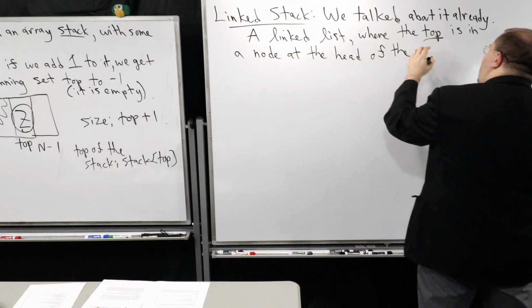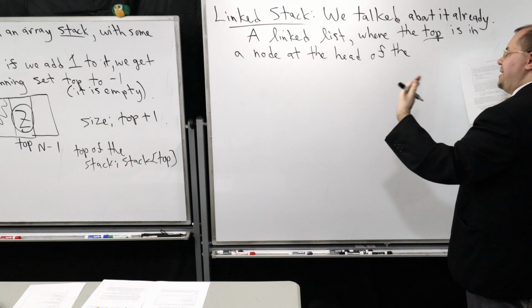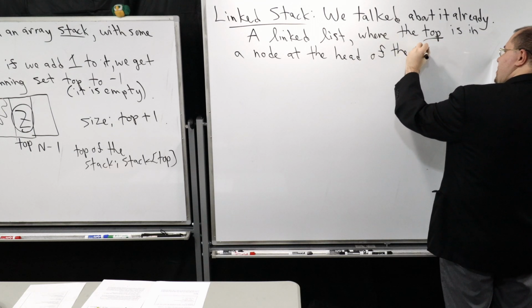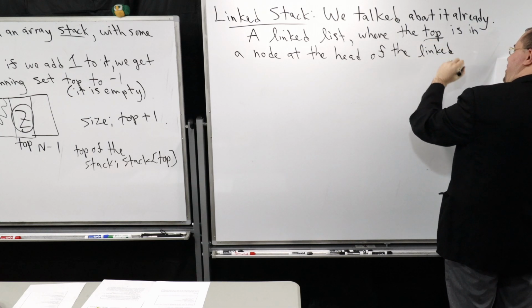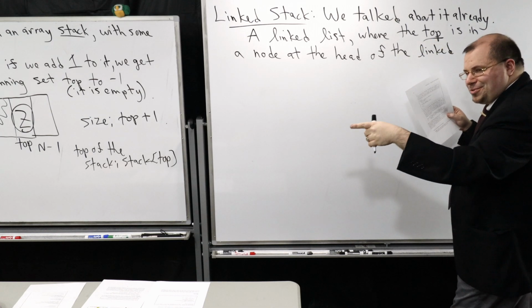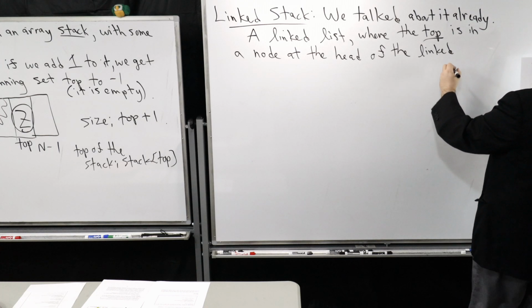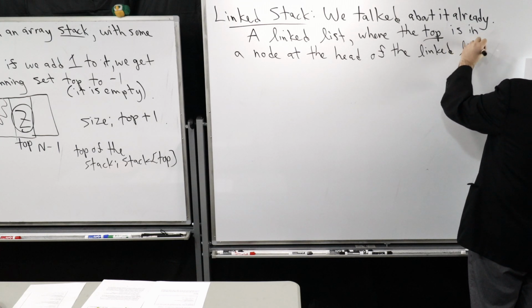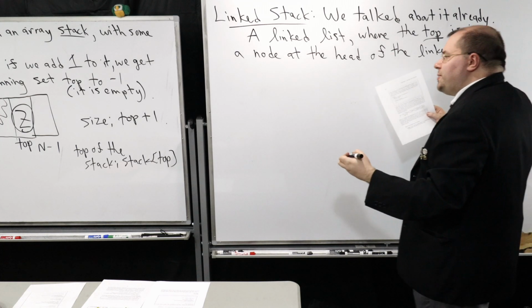Keep in mind that top is actually a pointer to the node. I just feel like I need to address where exactly the top is, from the most abstract sense, in the linked list. And then of course we have a counter.